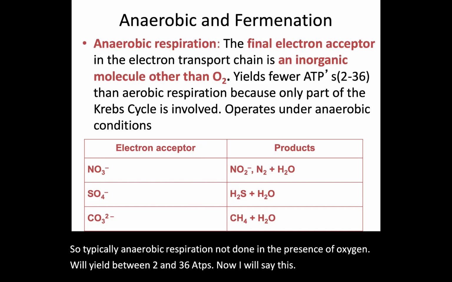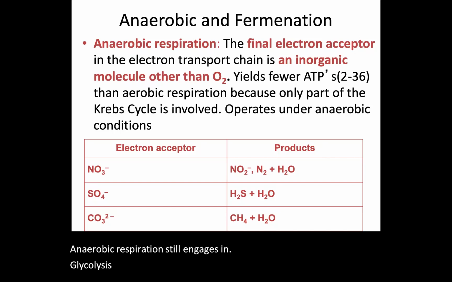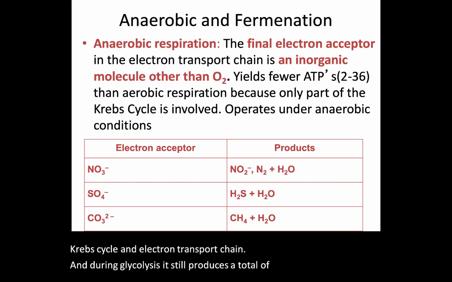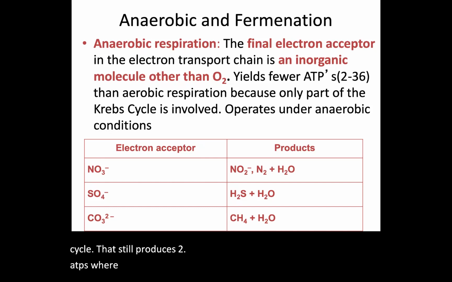Anaerobic respiration still engages in glycolysis, Krebs cycle, and electron transport chain. Right? And during glycolysis, it still produces a total of 4 ATPs. During Krebs cycle, it still produces 2 ATPs. Where it varies is during the electron transport chain because it's not using oxygen as that final acceptor.